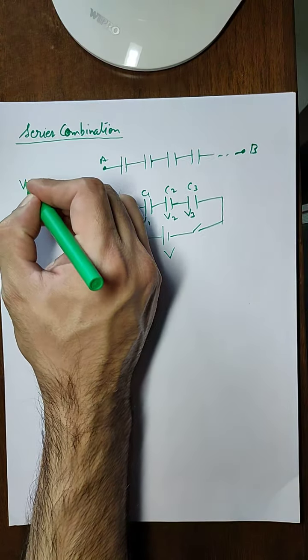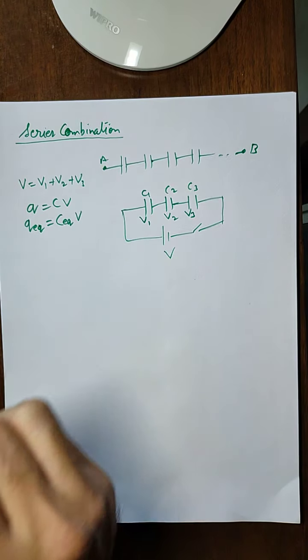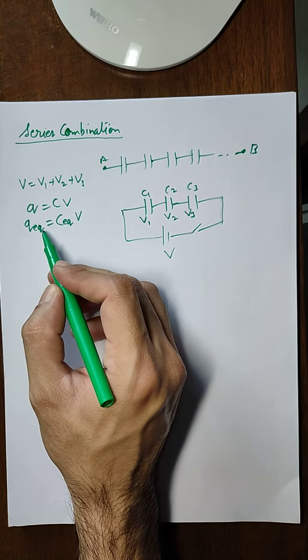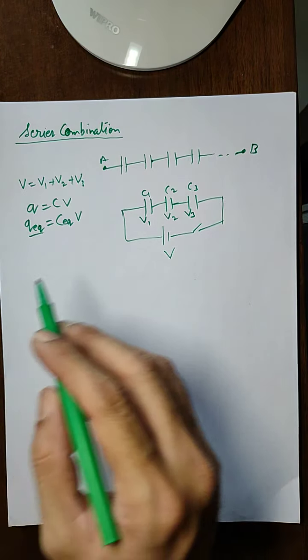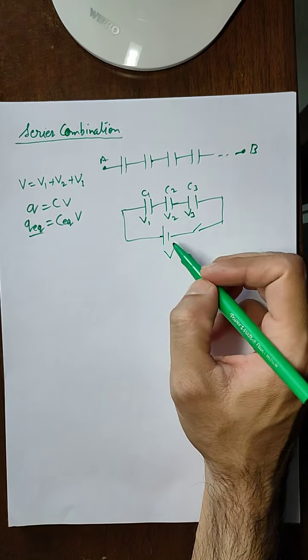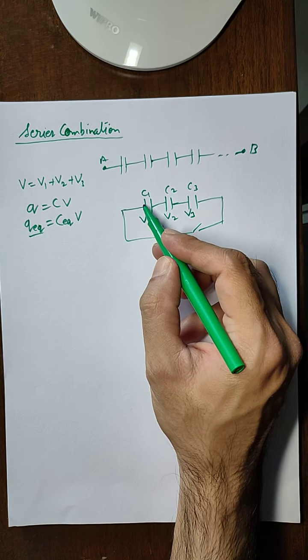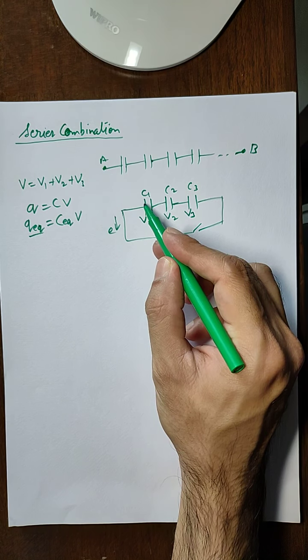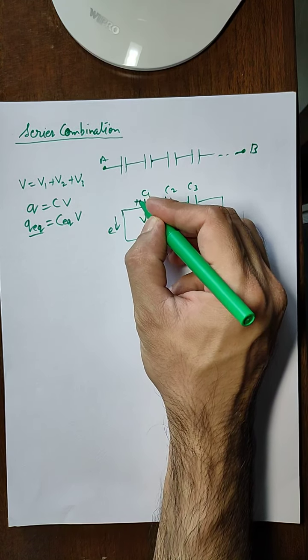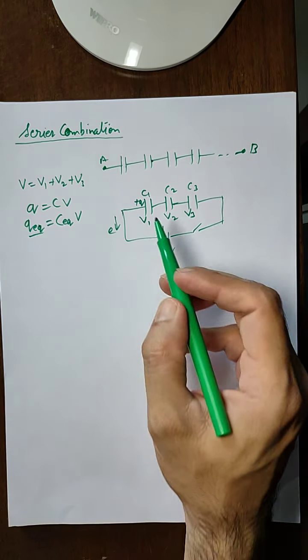Also we have Q equals CV. So we can say that the equivalent charge on all the capacitors will be C equivalent into V. Now we have to see the mechanism of Q equivalent, the equivalent charge. If we look at the diagram, this positive terminal will attract all the electrons from the left plate of C1, and a plus Q charge will be deposited on it.